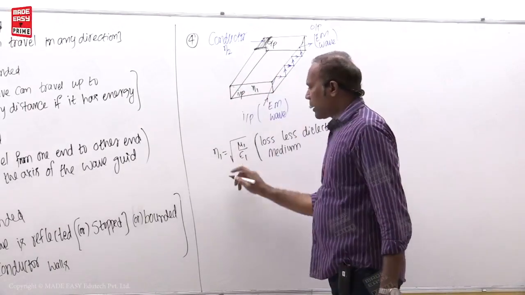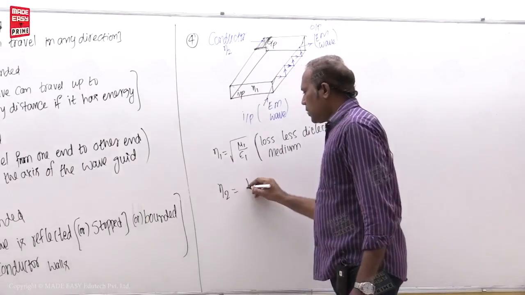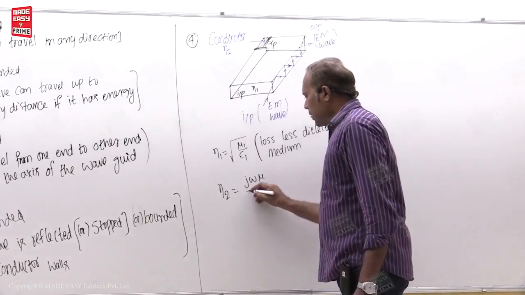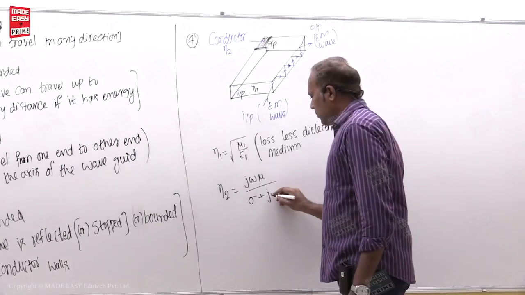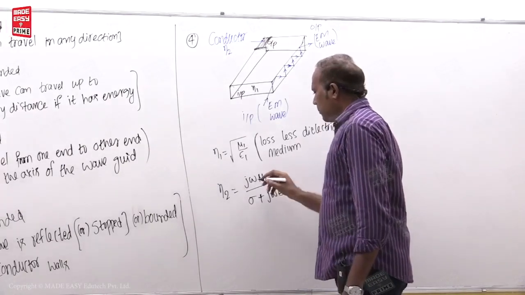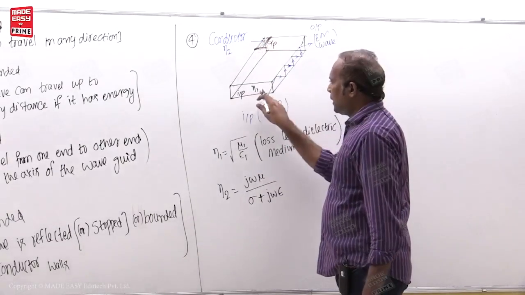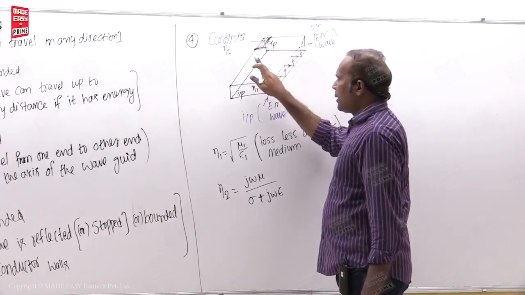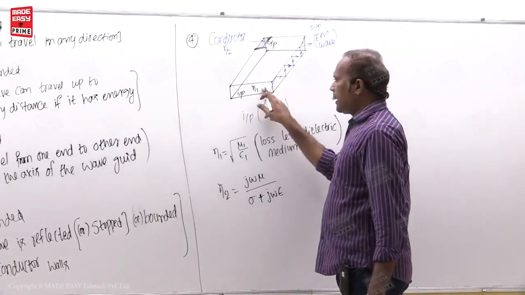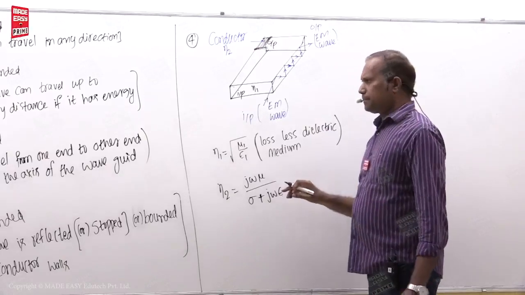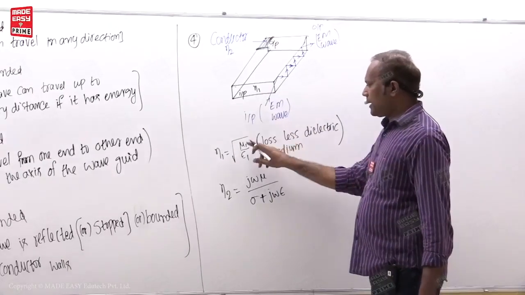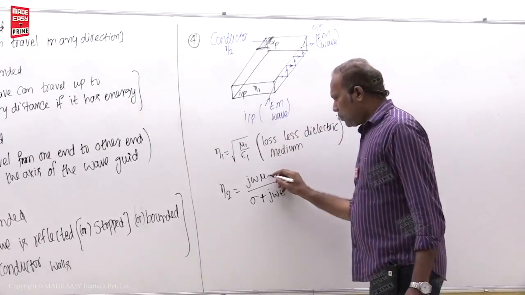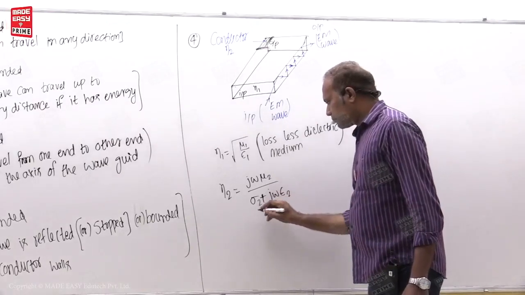Now eta 2 is for the conductor. Eta 2 is equal to root of j omega mu divided by sigma plus j omega epsilon, but that is medium 2, the conductor. The conductor surface we are taking as medium 2. Inside that there is a dielectric medium, that is medium 1, and for medium 2 suffix 2 is taken.